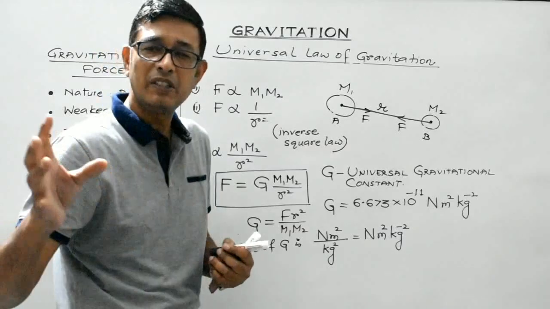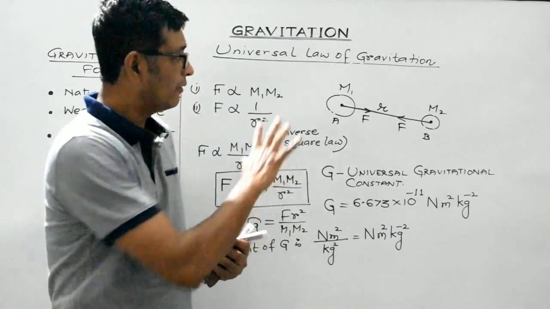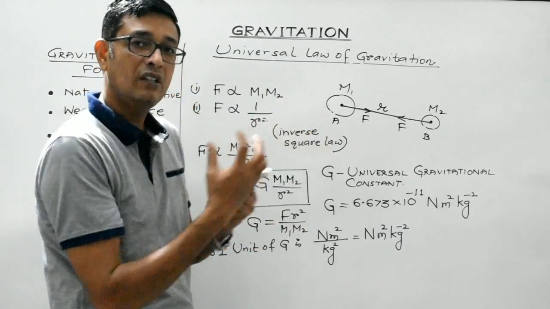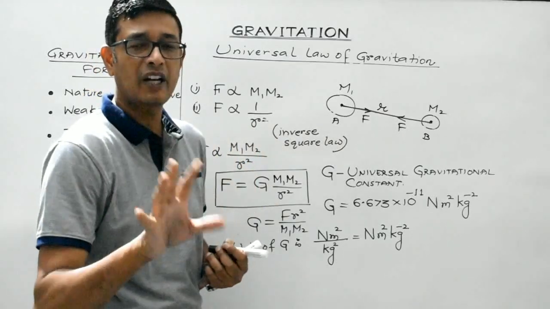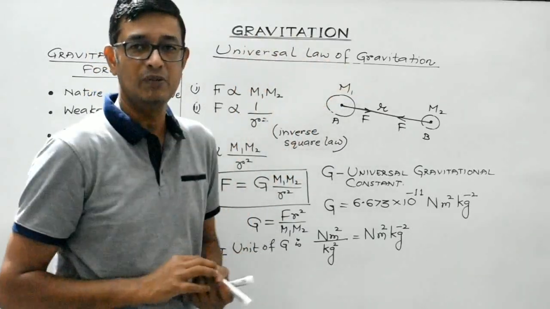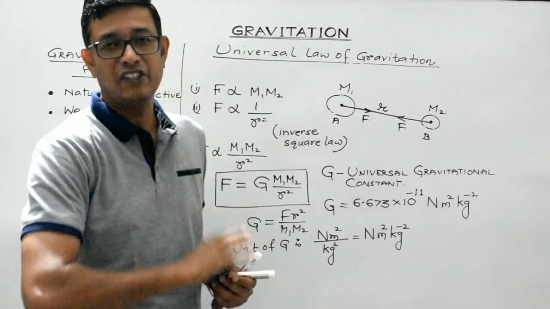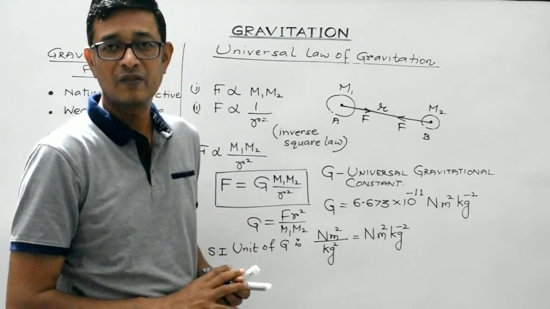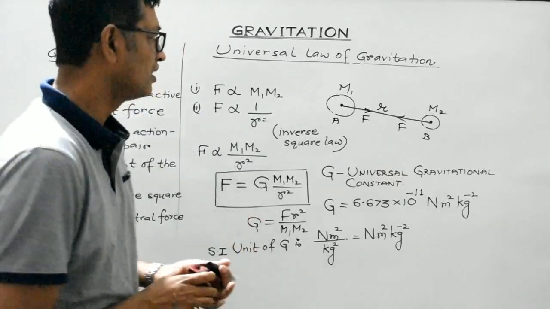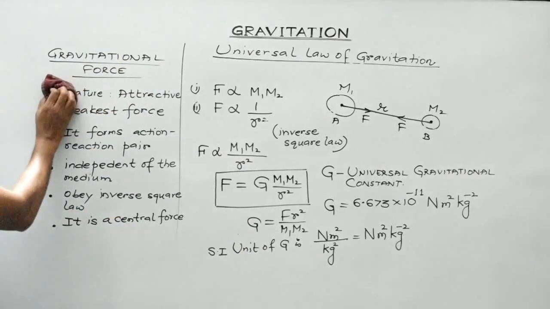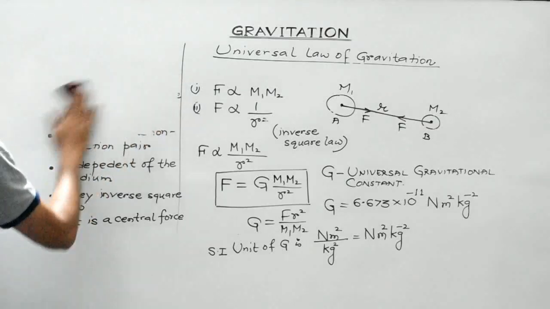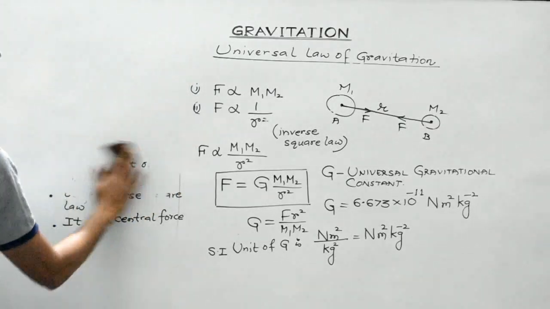So whatever may be the type of the bodies, gravitational law is applicable between material bodies. So that is why it is known as universal law of gravitation. Clear, students? So let's discuss some very, very simple numericals or rather conceptual questions based on this law.